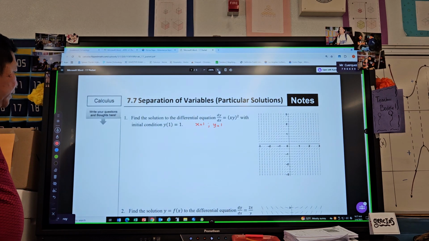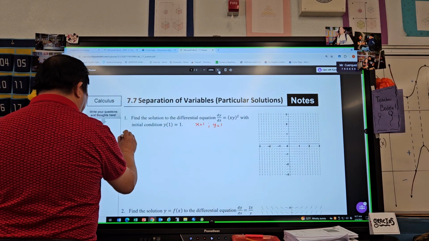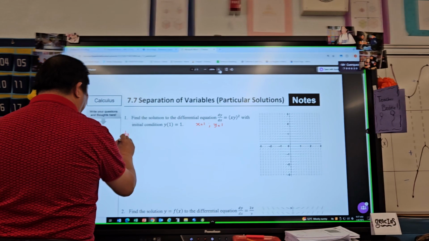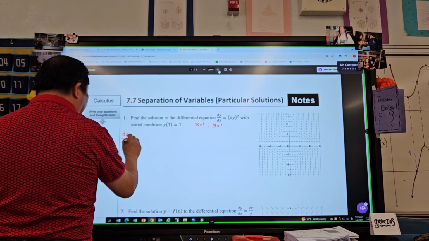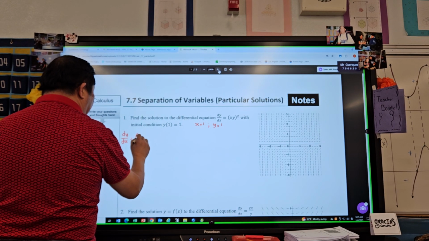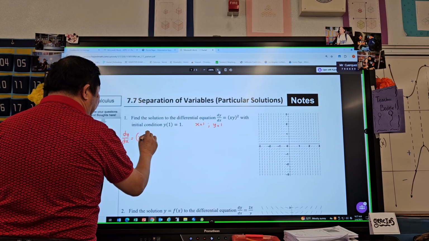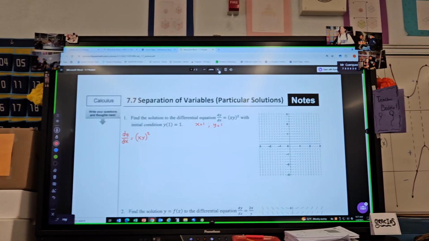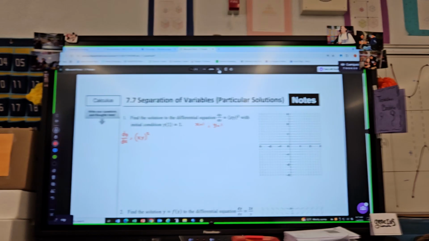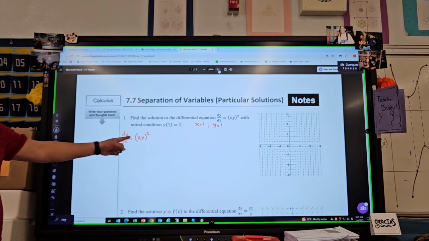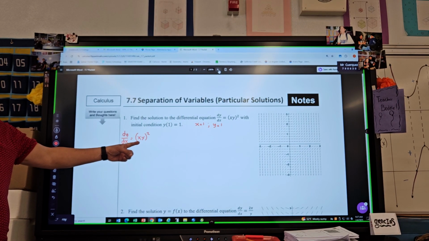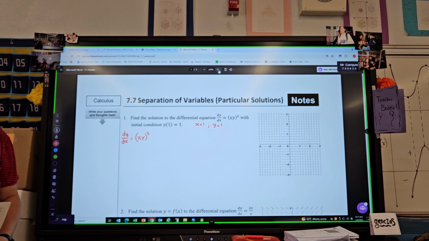First, we copy the given dy/dx equals x times y squared. Instead of taking the derivative right away, we rewrite this. What is x times y to the power of 2?